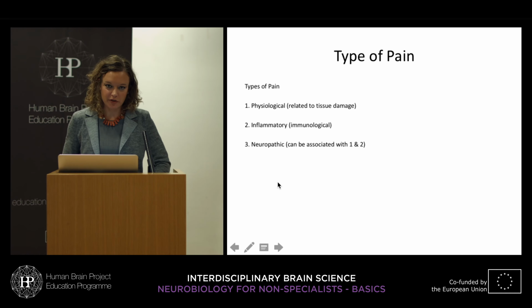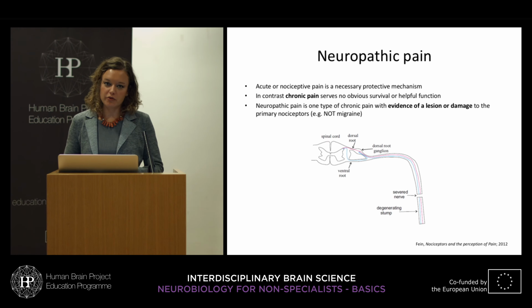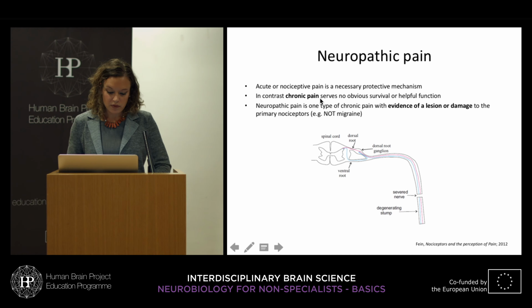Pain is a reaction of your body to protect itself, so it's a protective mechanism. But sometimes this protective mechanism is not normal. For example, in chronic pain there is no helpful function.